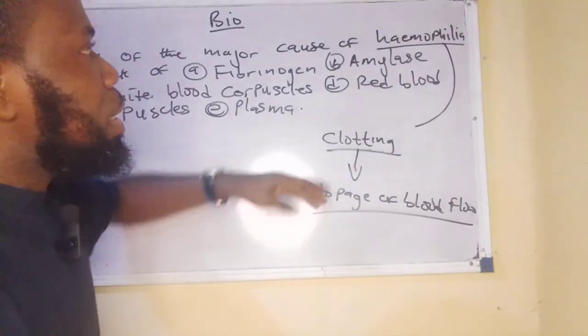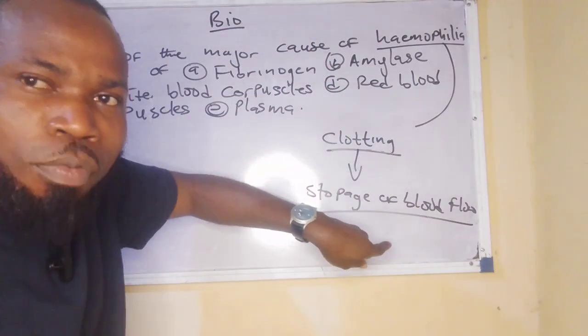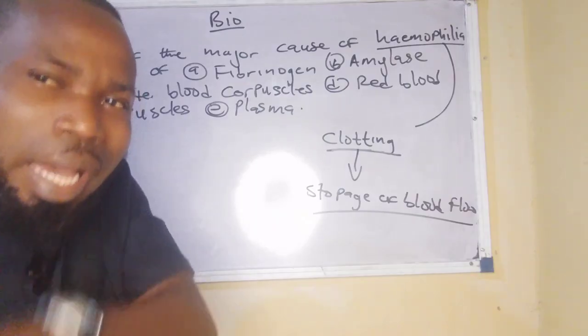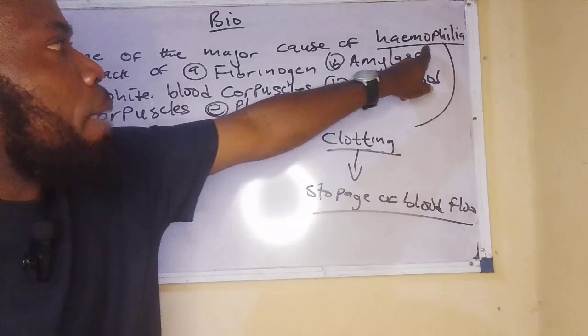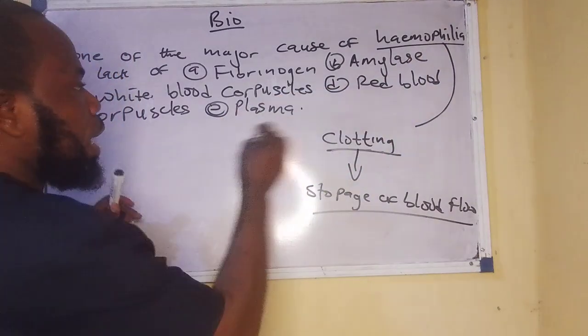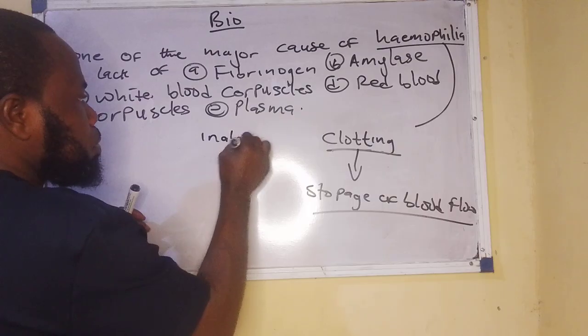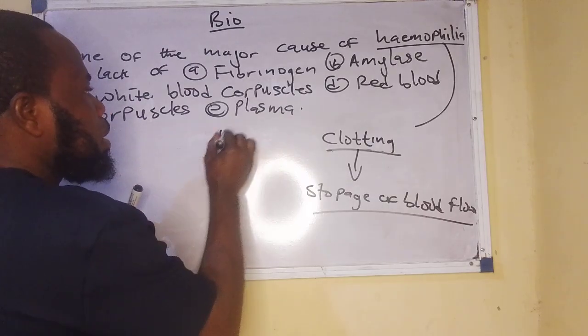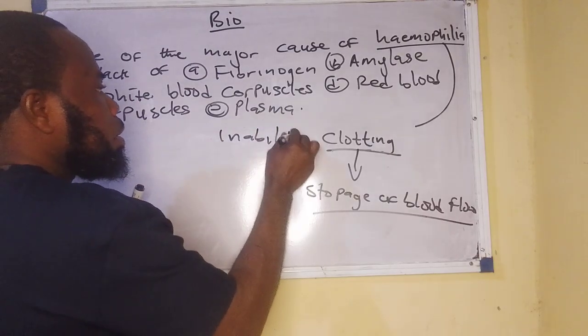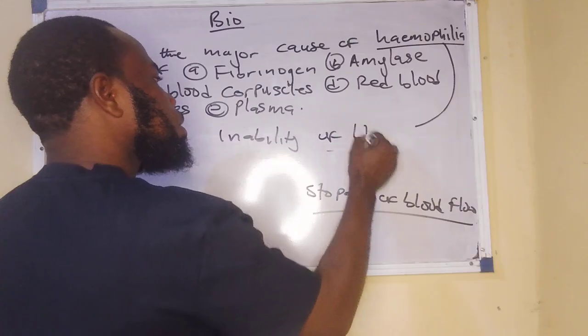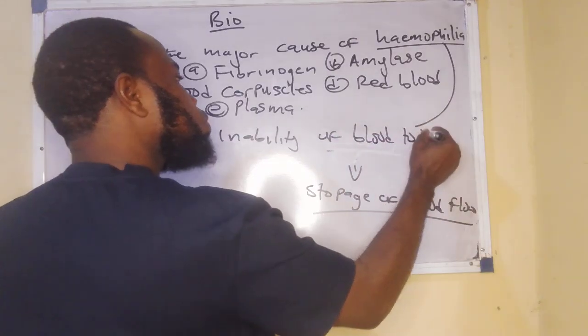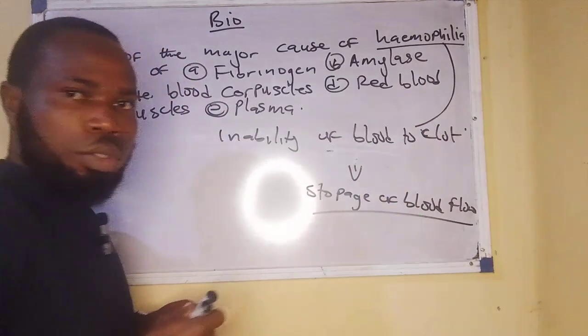So the inability of the blood to clot on time is what is called hemophilia.